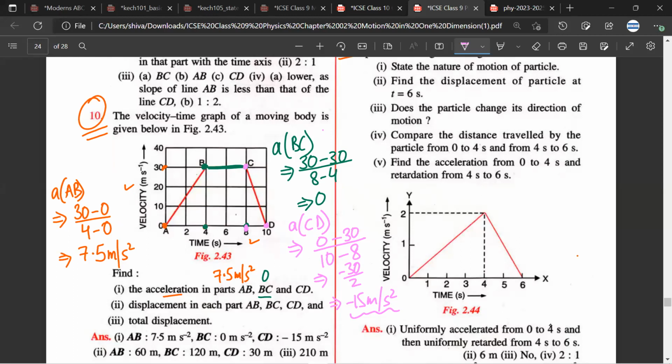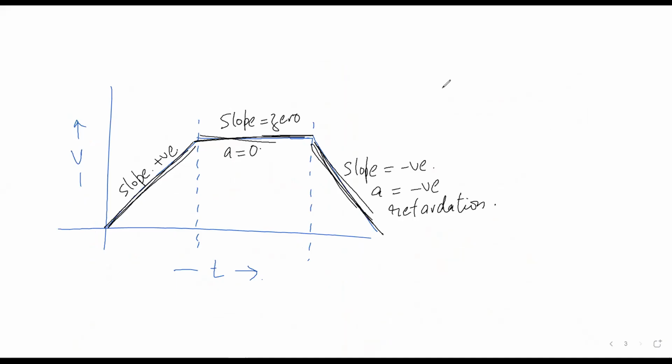Now they are asking the displacement in each part, AB, BC, CD. Like we discussed before, the displacement is the area under the line. It is also called the area under the curve.